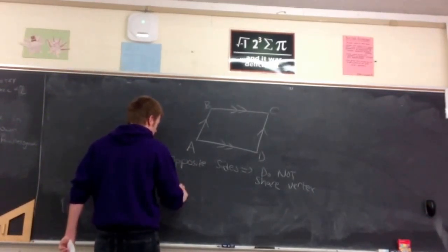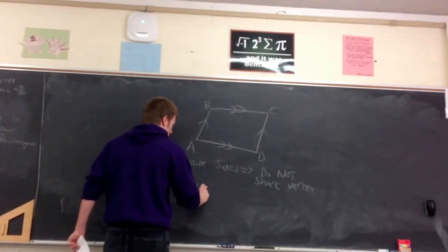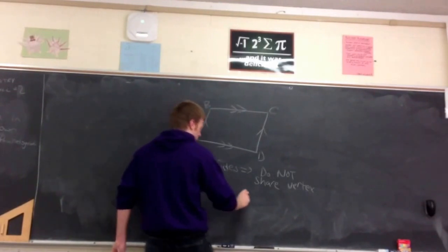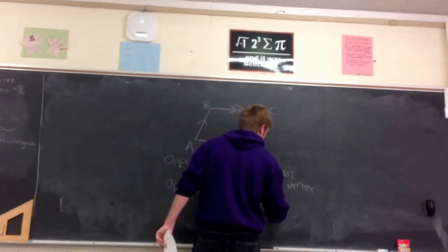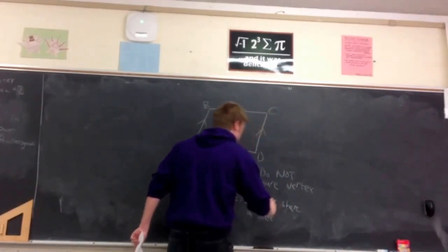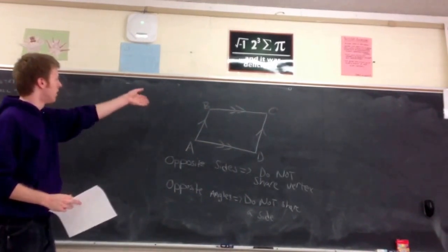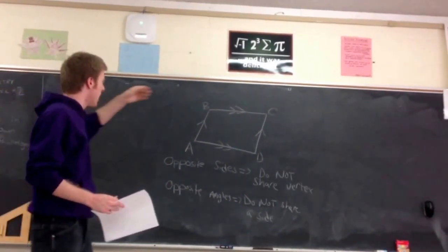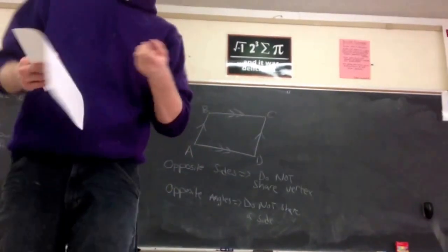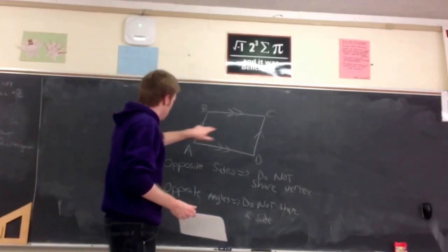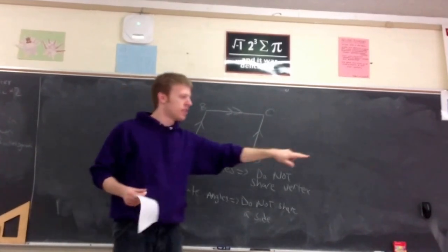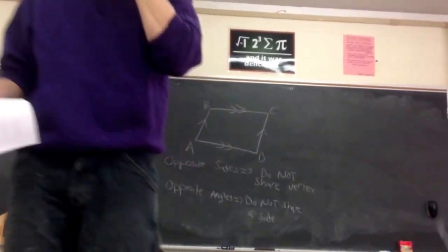And opposite angles do not share a side. So if we're looking at angle BCD and angle BAD, you notice there isn't any overlap of the sides. But as soon as I say CBA and BAD, they share the side BA.